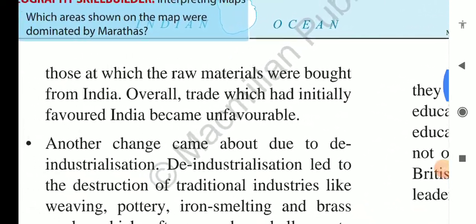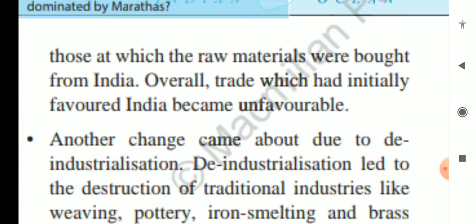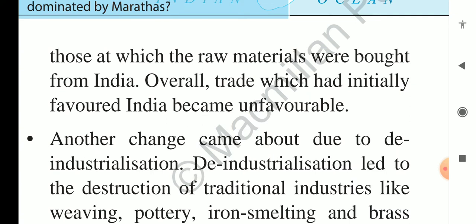Overall trade, which had initially favored India, became unfavorable. Before the arrival of the British, India was the center of trade in the world, and India was gaining a lot. But after India was colonized by the British, all the advantages were sucked away, and India was on a losing note.